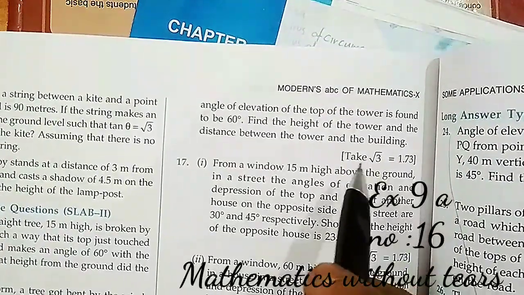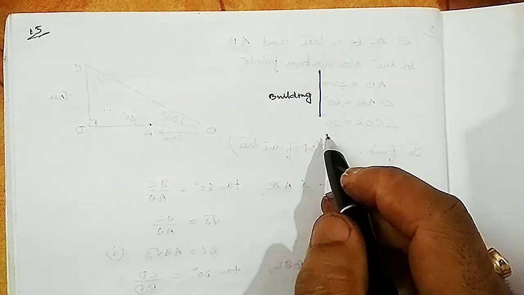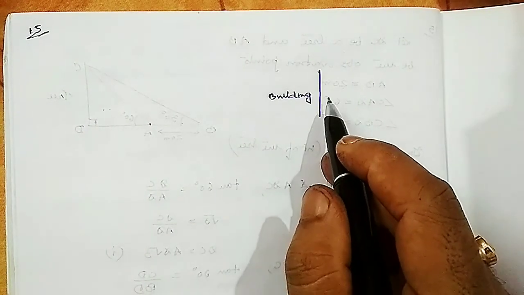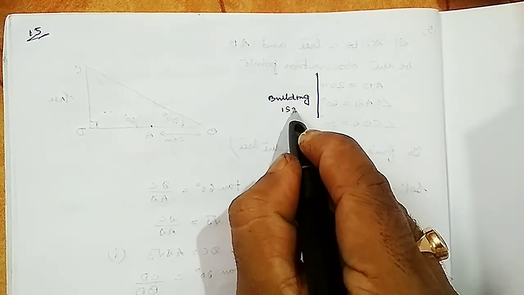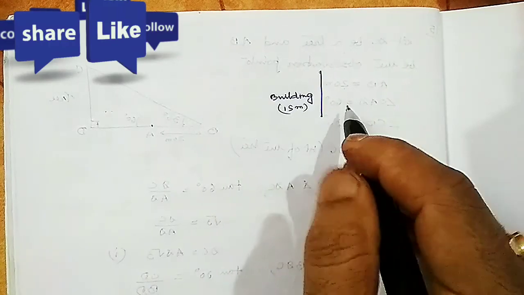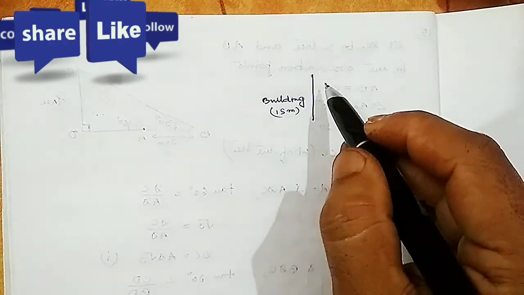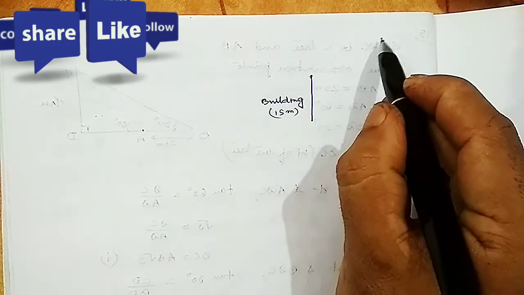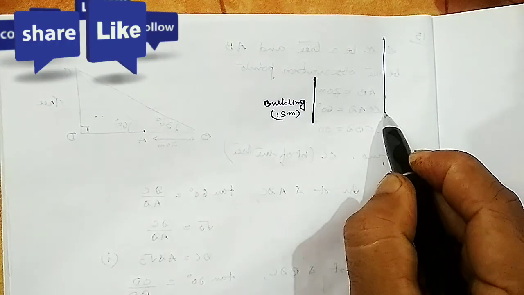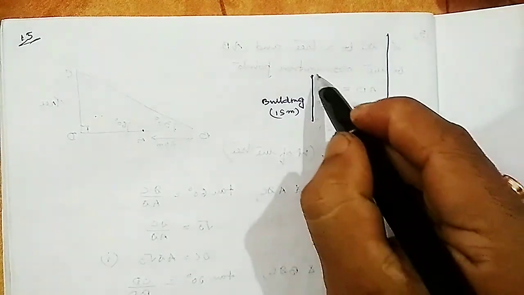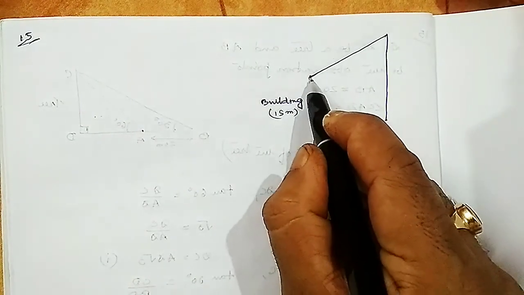Let me first draw the figure because this figure will be a little bit complicated. Suppose this is a building, and in the question it is given from the top of a building 15 meter high, that means the height of this building is 15 meter. From the top of the building, the angle of elevation of the top of a tower, from this point if you see the tower, that means the tower must be taller than the building, and from this point when you see the top of the tower, the angle of elevation is found to be 30 degree.